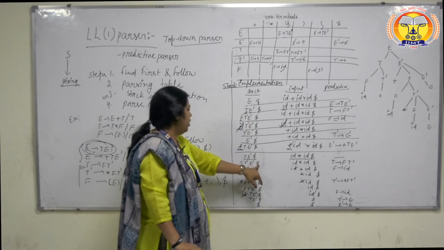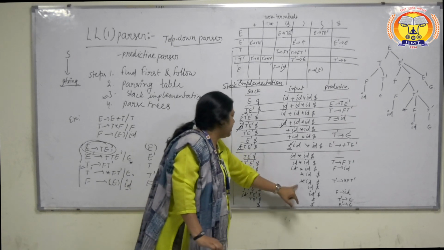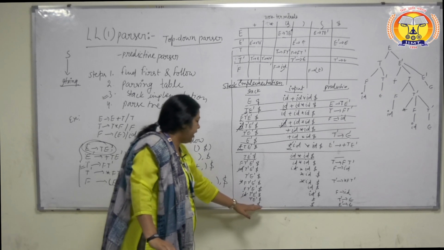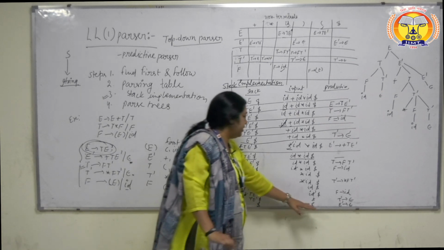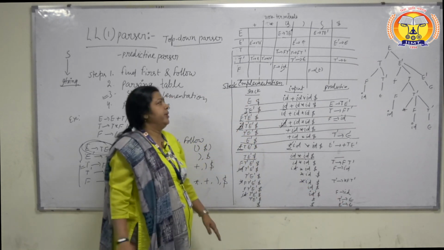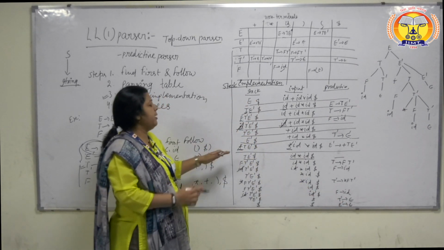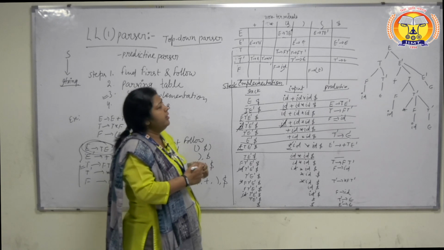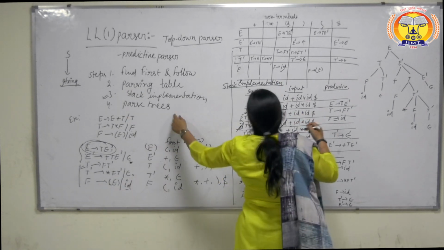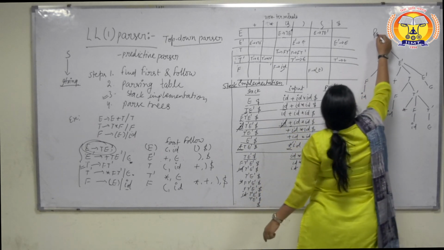So we will repeat and continue this process. At the end of the process you will get dollar in the stack and dollar in the input string, and your string will be accepted. After completing the stack implementation, you will see how we generate the parse tree. The final step is how we get the parse tree.